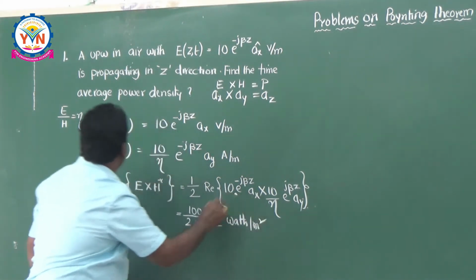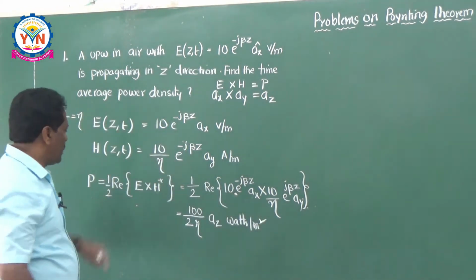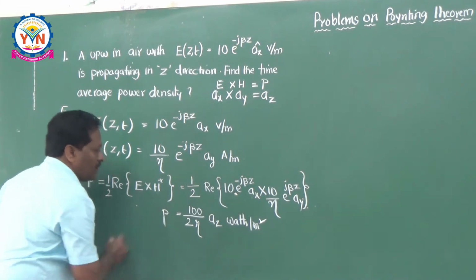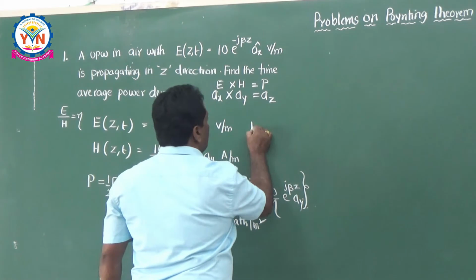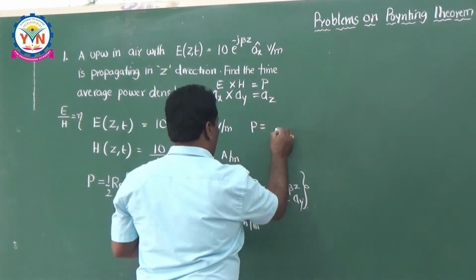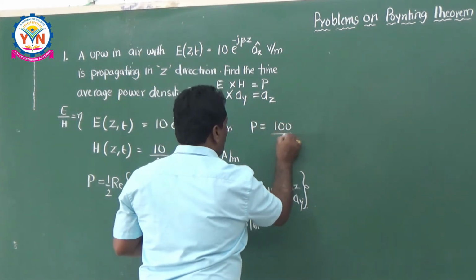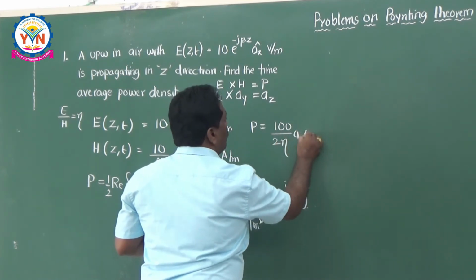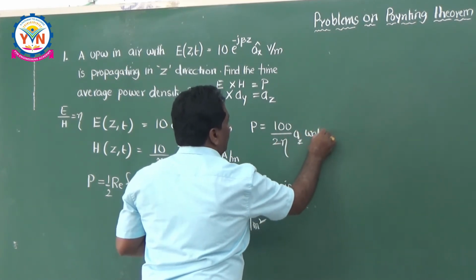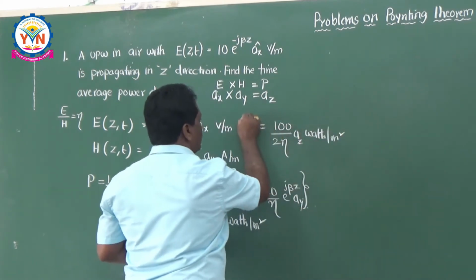So this is the average power density P. The answer is P equal to 100 by 2 eta into a_z, watts per meter square. This is the answer for this problem.